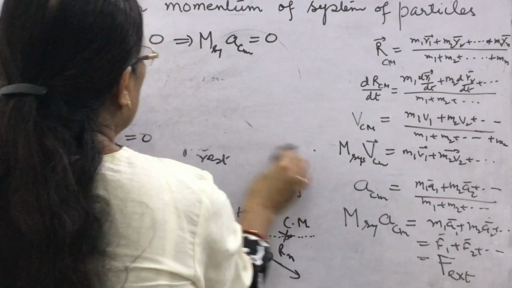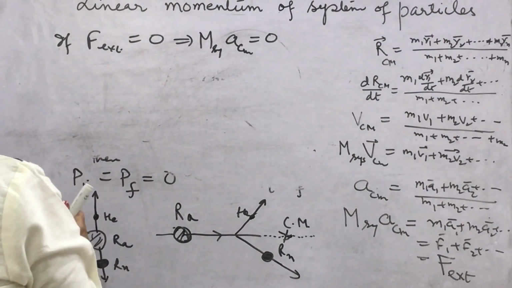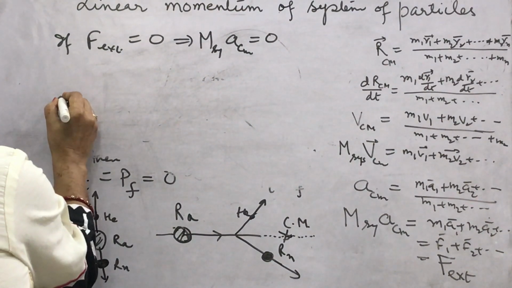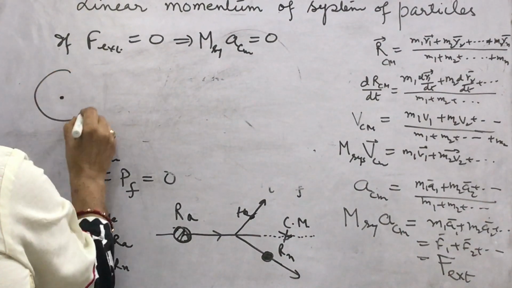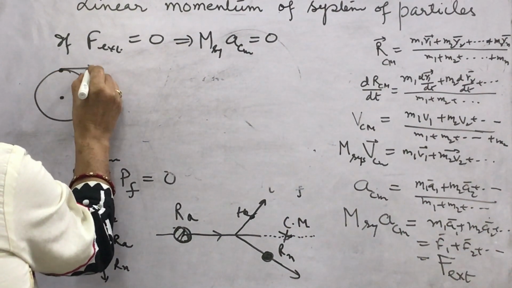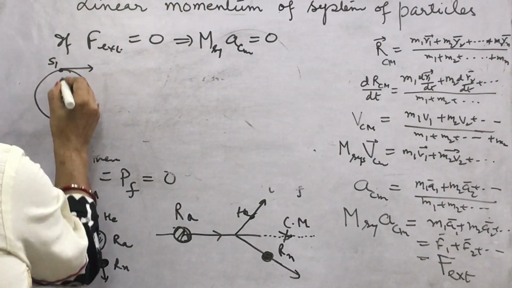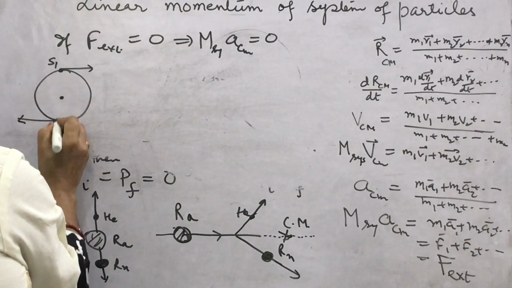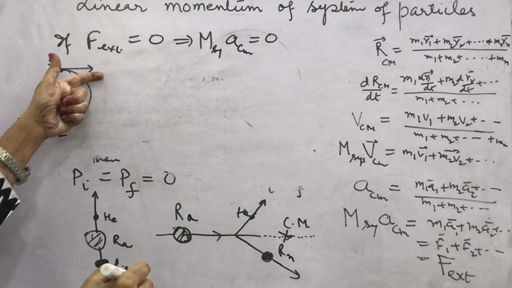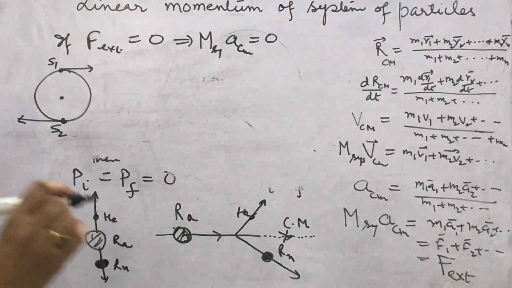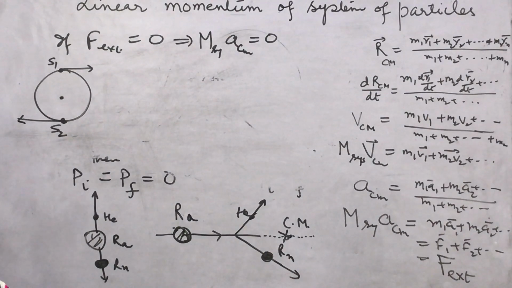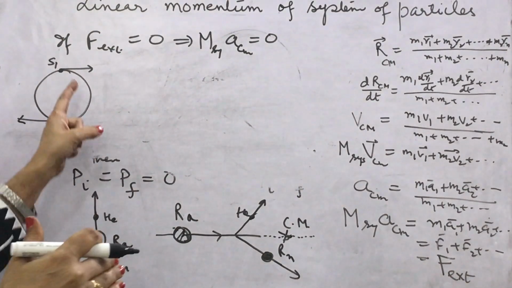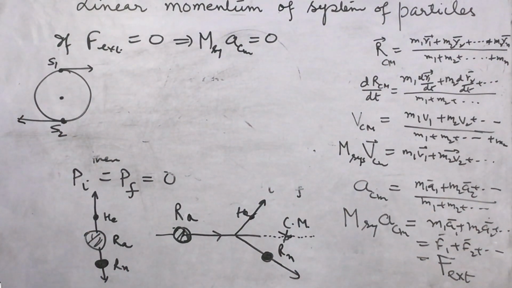Look, if again you consider the frame of reference of center of mass, and this is the center of mass, then both the stars, suppose this is S1, then S2 will be diametrically opposite. They always move in diametrically opposite positions. Here is S1, then S2 in this direction. So both stars always remain in diametrically opposite positions in this way.